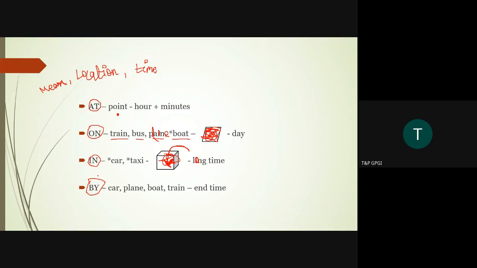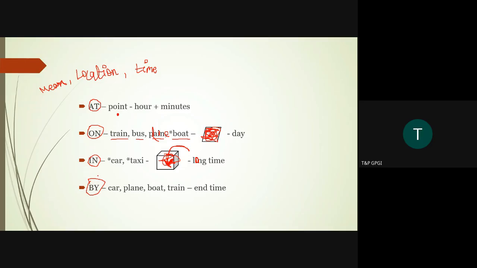If I say I need it done by tonight, that means that's it. I want you to submit your homeworks by today evening, by today 5 p.m. That means by that time you have to do it. That's the end. It ends the conversation. It's the end time.